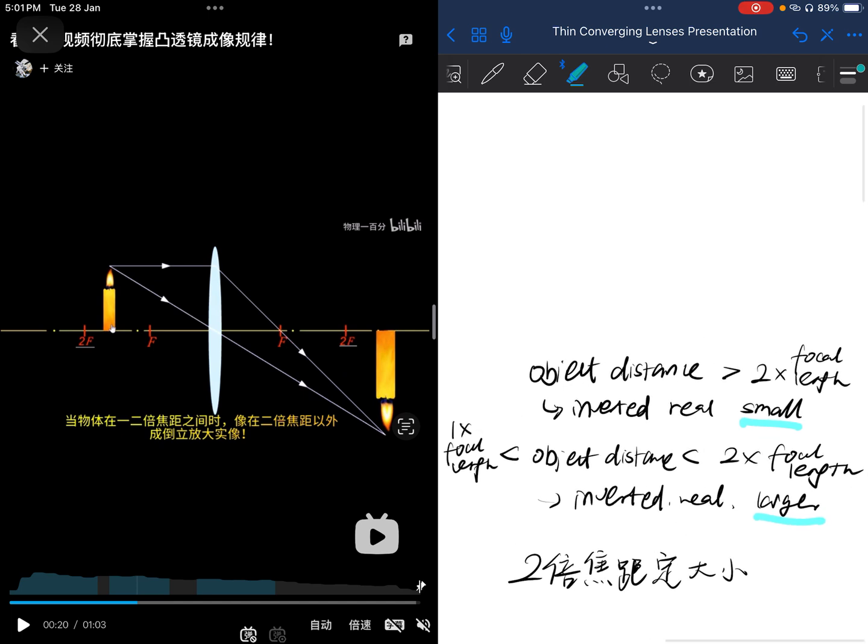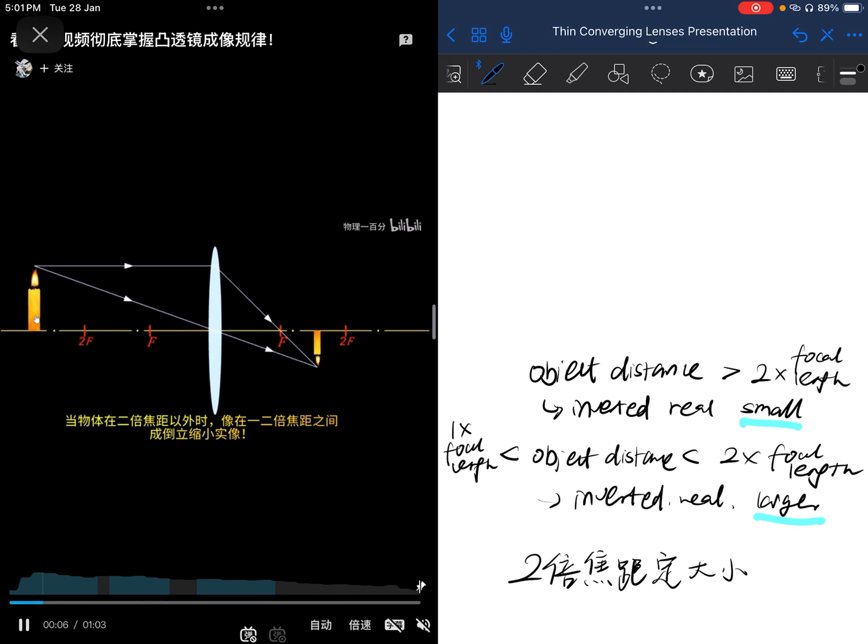And let's delve into more details when it is above 1 times the focal length. So we talk about it all the way from when it's just larger than 1 time focal length to infinity. We have a general trend.